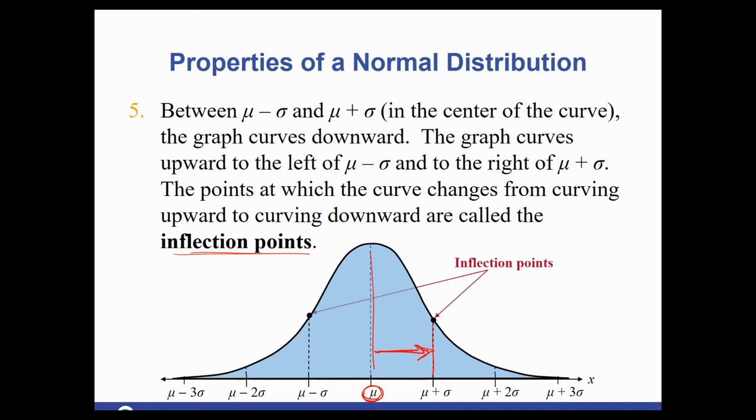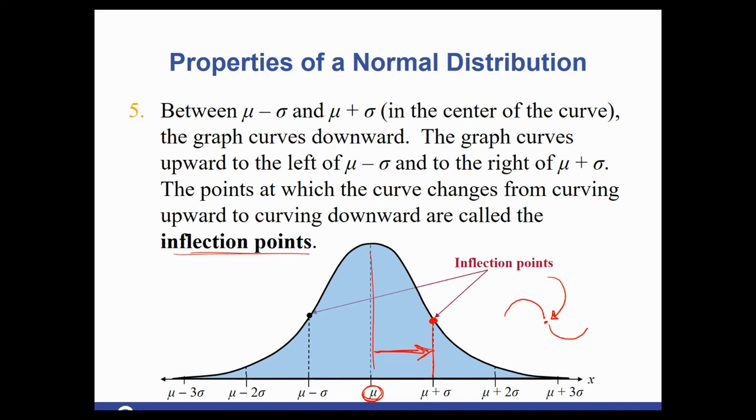But when we are making our sketches, or really when we see it on a computer, this point right here, that 1 standard deviation out on either side, that is called the inflection point. Because if you know a little bit from physics about concave and convex, it's where our graph changes from being a curve facing downward to a curve facing upward. That's the inflection point right there in the middle. So that's what's happening on either side.